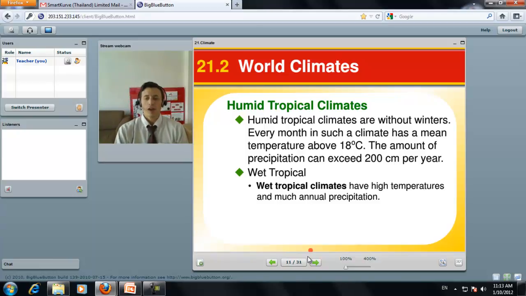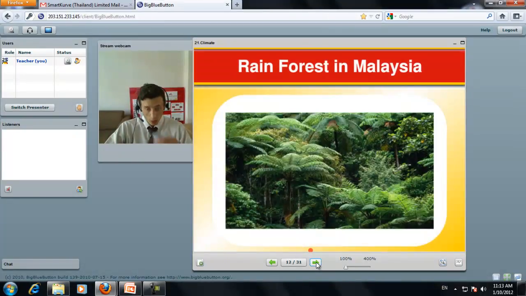All right, so every month has a mean temperature about 18 degrees. The amount of precipitation can exceed 200 centimeters per year. So they're warm, they have little variation, and they're very wet. Wet tropical climates, high temperatures, and very much annual precipitation.